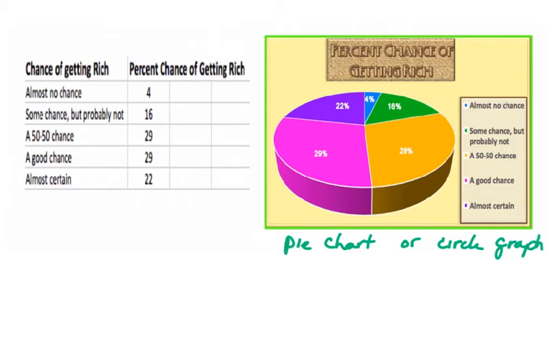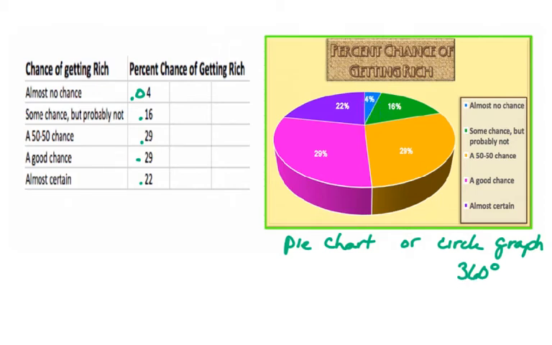And we know that circles have 360 degrees. So what we're going to do is change our percents to decimals. So I'm just going to move the decimal over 2 places. And 4% of the people said they had almost to no chance of getting rich by age 30. I want to make sure 4% of my circle, or 4% of 360 degrees, is how big that wedge is.